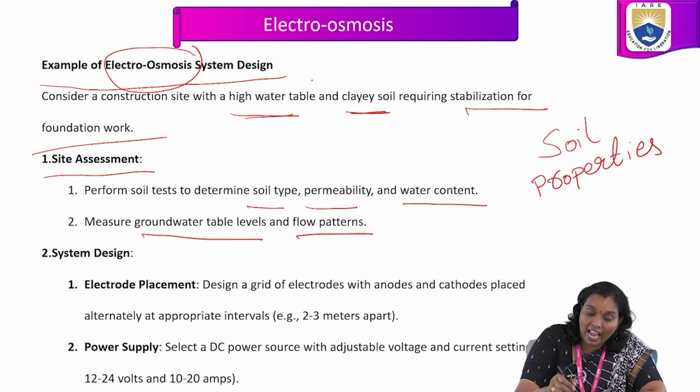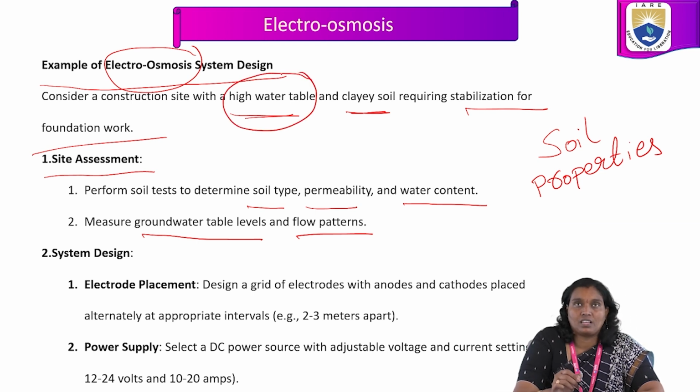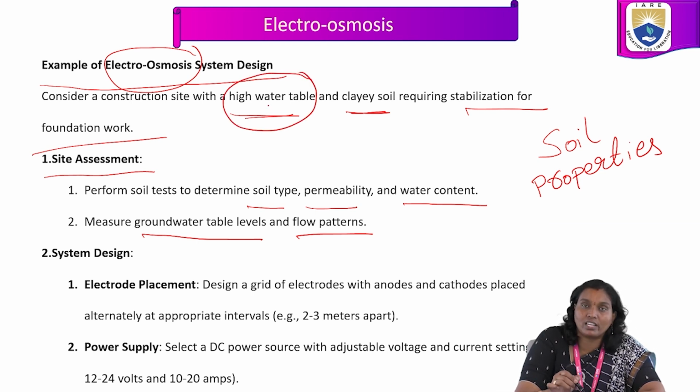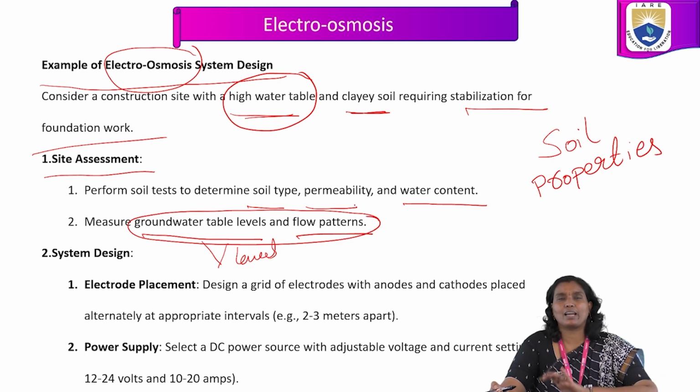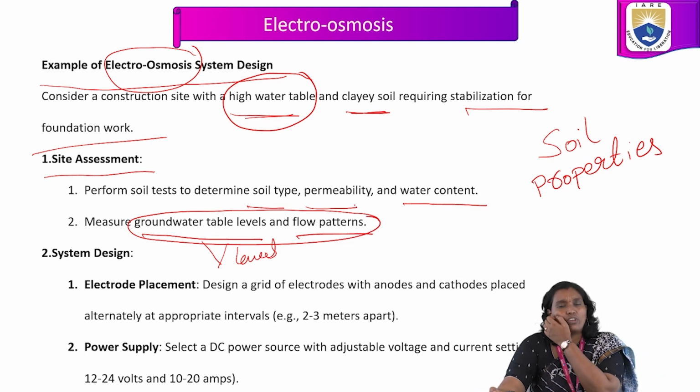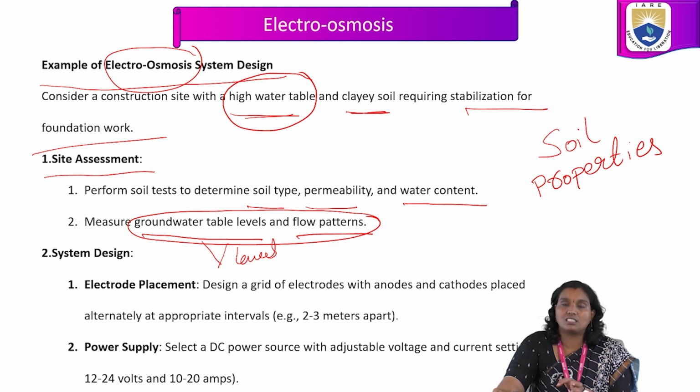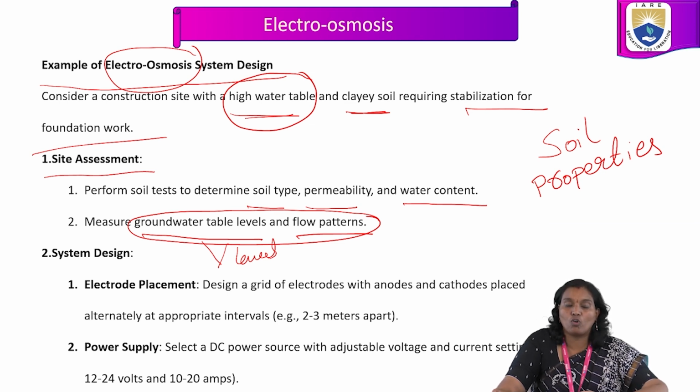The construction site has a high water table, which is why we have to measure the groundwater levels and flow patterns for a better understanding of the site. So we assess the site, perform soil tests and understand the groundwater table and flow patterns.